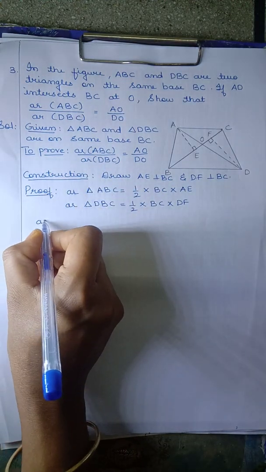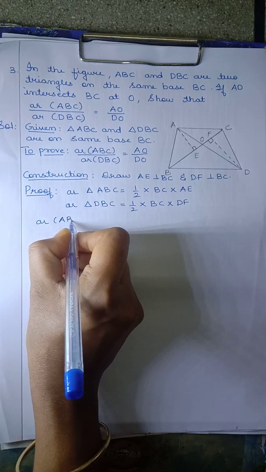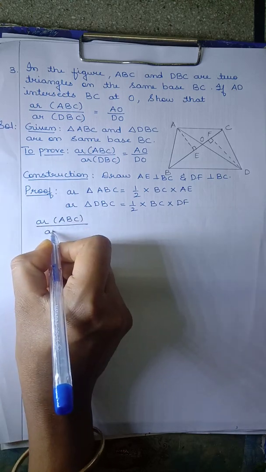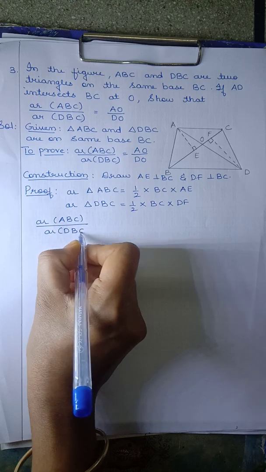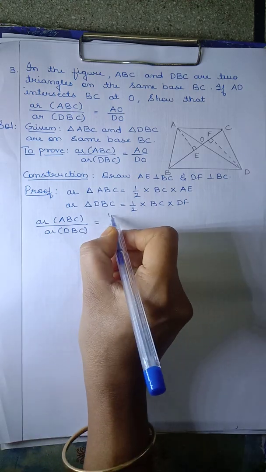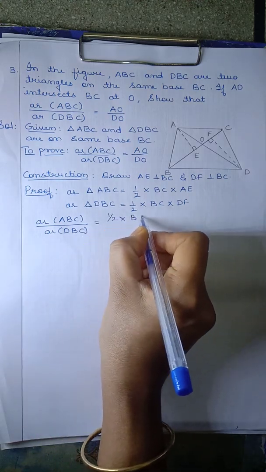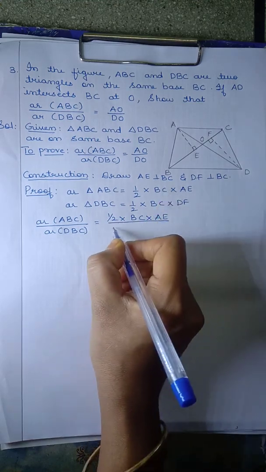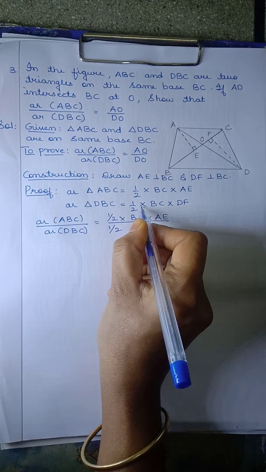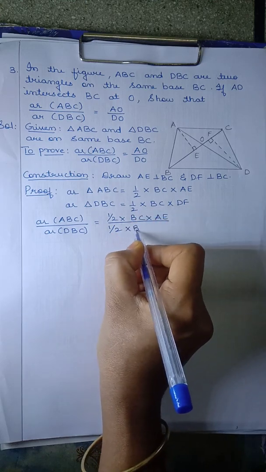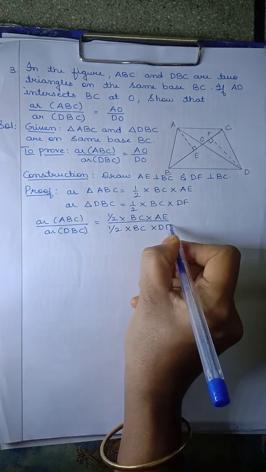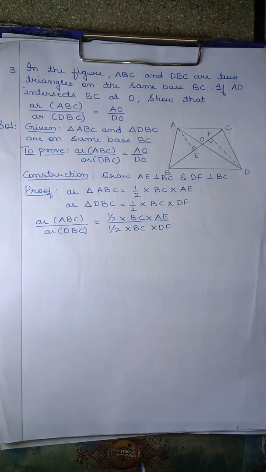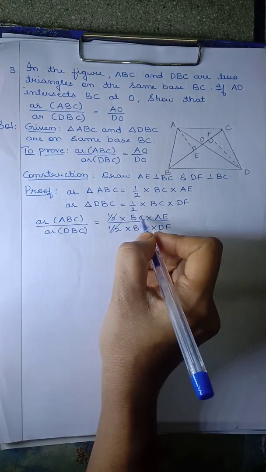Okay, now we want to take their ratio. So write area of ABC upon area of DBC is equal to half into BC into AE upon half into BC into DF. Now here you can see half will get cancelled, BC will get cancelled.